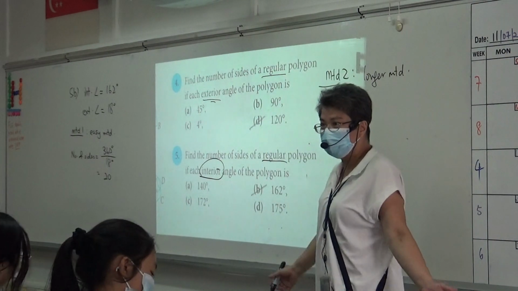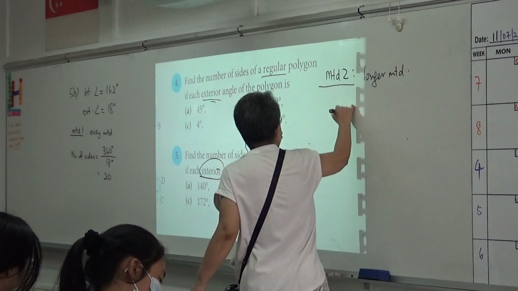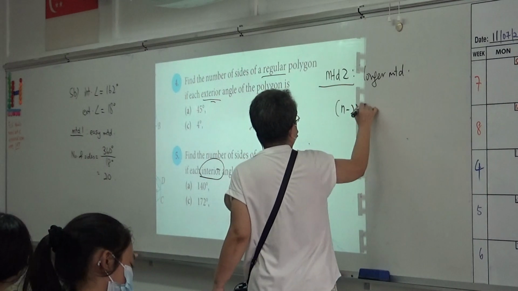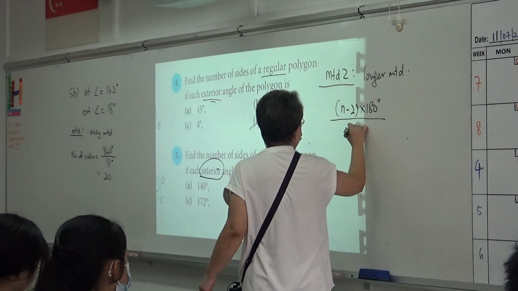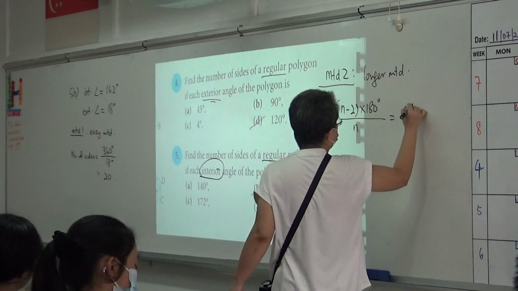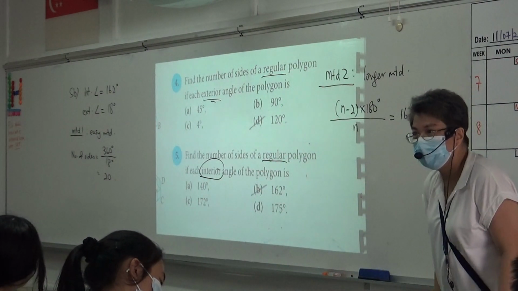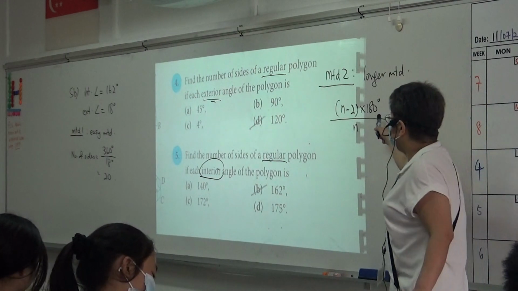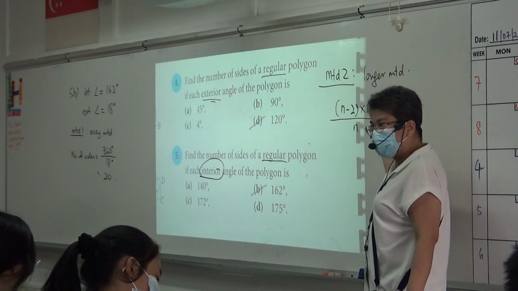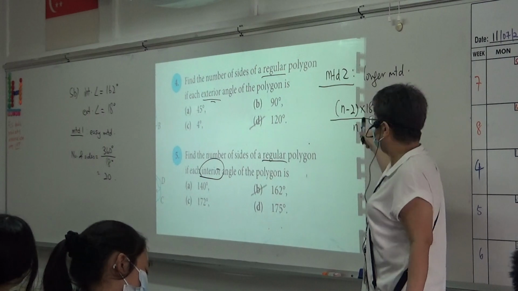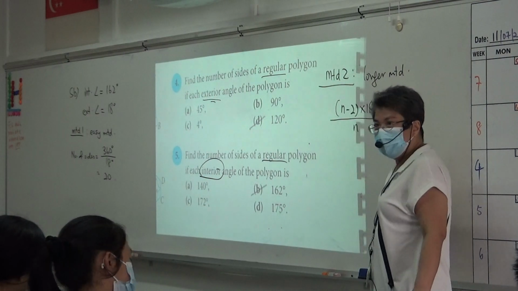I don't know the number of sides, so (n minus 2) times 180 divided by n gives me 162, right? This is the sum of all the interior angles. Because it's a regular polygon, I can divide by n, then I get 162.